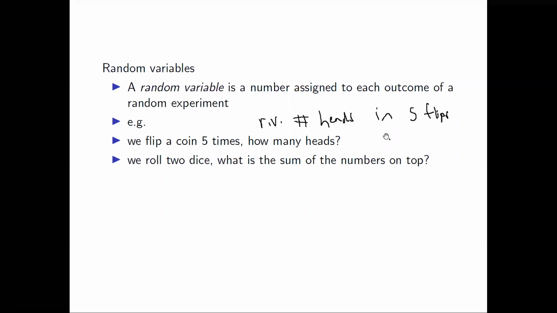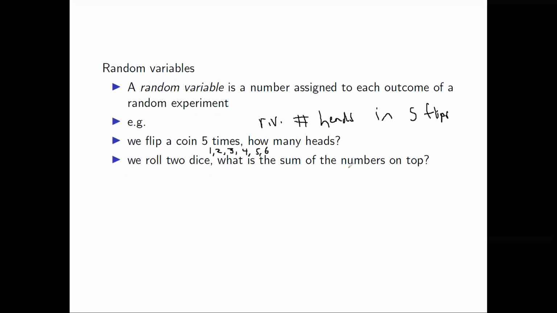And we can look at another experiment. You roll 2 dice, and what is the sum of the numbers on top of the dice? And by dice, I'm talking about standard dice with the numbers 1, 2, 3, 4, 5, 6. And the dice, they don't have numbers, they have dots on them.